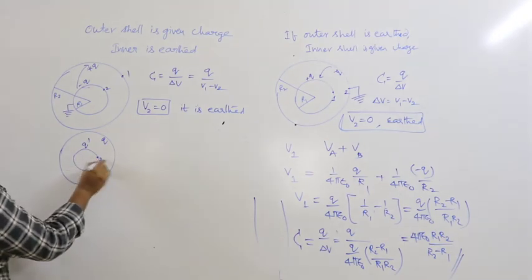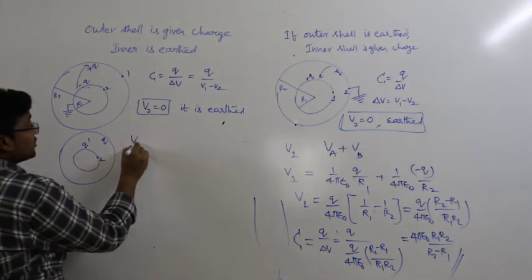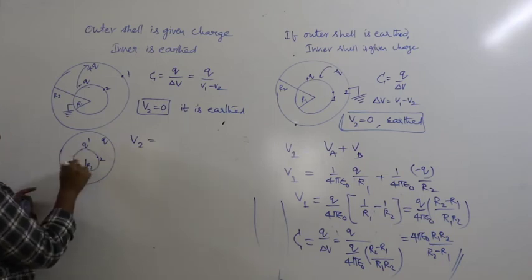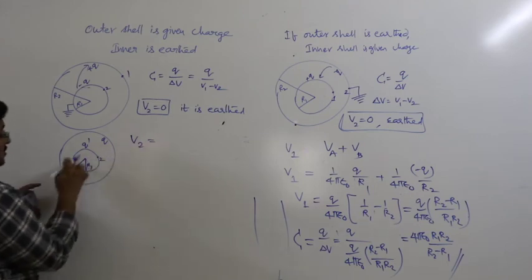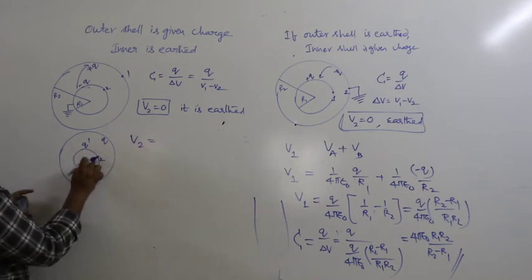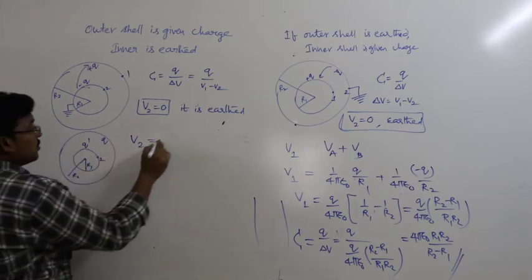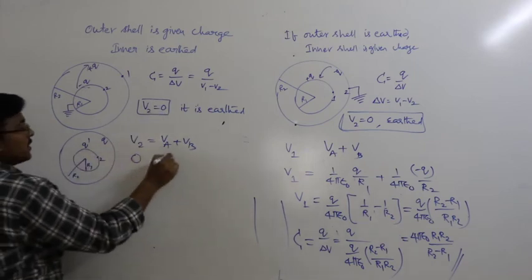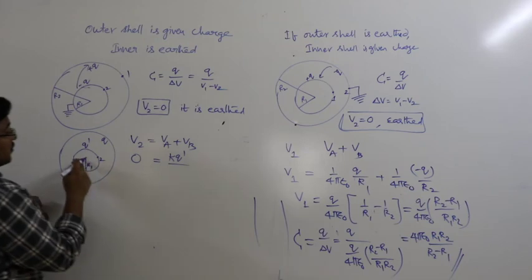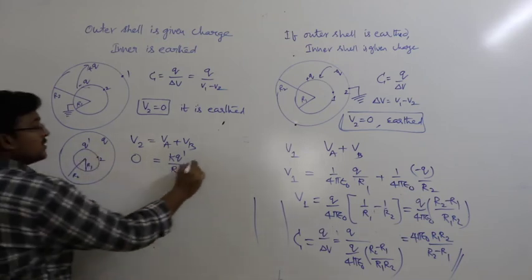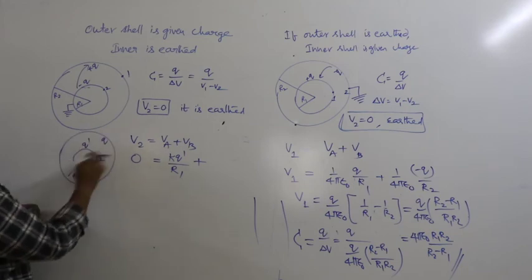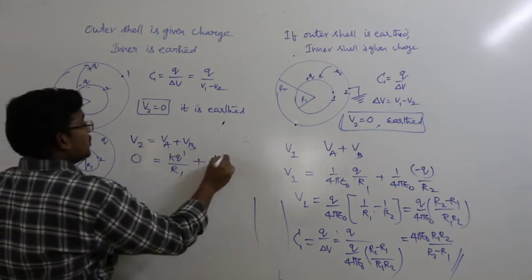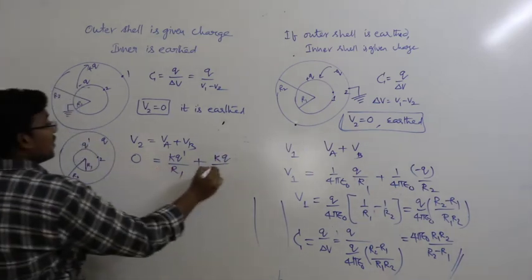Now we are going to find the potential at 2, that is because of the first surface and because of the second. Now what is it because of the first one at this point 2? That is because of its own, which is nothing but V2, already 0, is equal to due to own, k into charge q dash by the distance r1, plus what is due to B. For B, the point is inside, so for inside points the surface potential is the same, so k into q by the surface distance, radius r2.